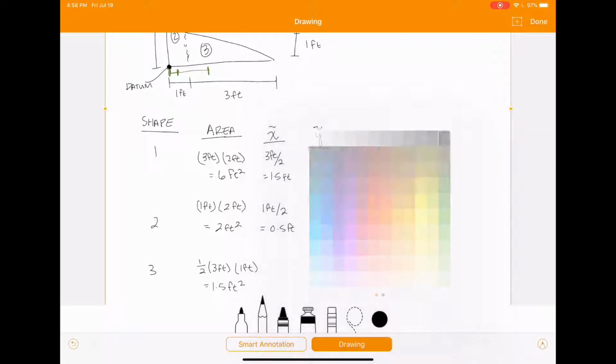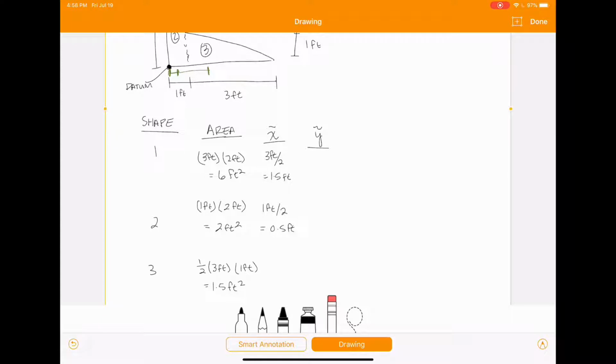So for our triangle, we know that the centroid of a triangle is going to be 1/3 its base from the flat end. And then we've got to add on that extra distance. So this here, that's the 1/3 of 3. And then we're going to add on this 1 foot to take us back to our datum. So that's going to be a total of 2 feet.